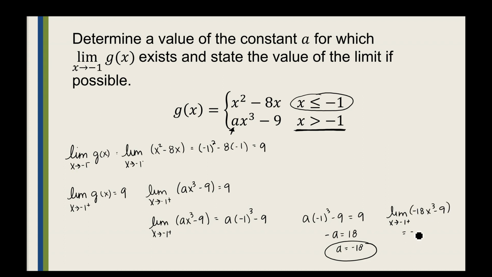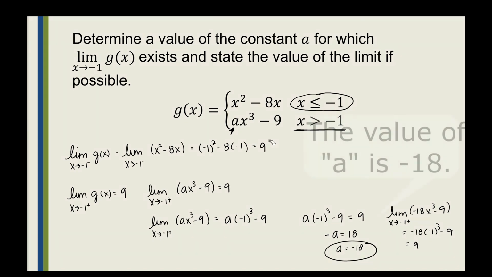And this would be -18 times -1 cubed minus 9, which would equal 9. So the value of a that forces continuity for this function at -1 would be -18. And the value of the limit would, of course, be 9.